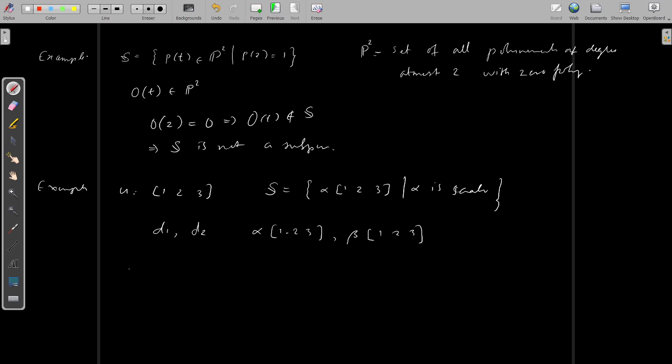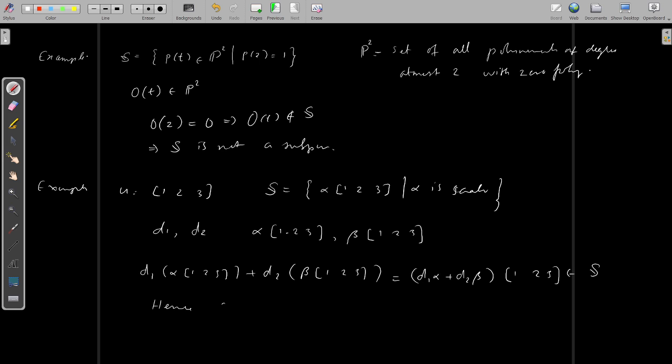We verify that d1 times alpha times (1, 2, 3) plus d2 times beta times (1, 2, 3) is also a multiple of (1, 2, 3). We can write it as (d1 alpha plus d2 beta), a scalar, times (1, 2, 3). So this is also an element of S, hence S is a subspace.